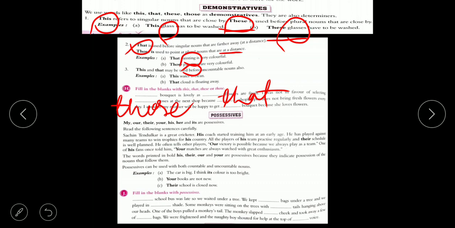Here, that, because the shopkeeper is singular and at a distance. I am sure my mother will be happy to get this bouquet because she loves flowers, and here this will come. So first one this, second these, third those, fourth one that, and fifth one this.